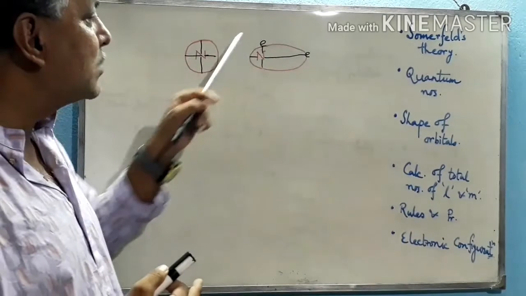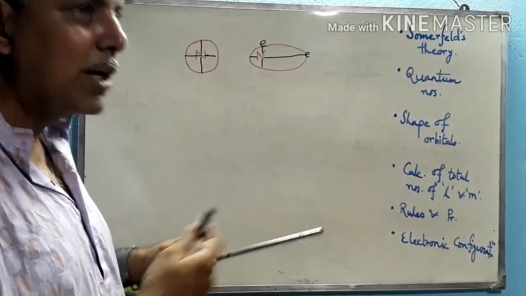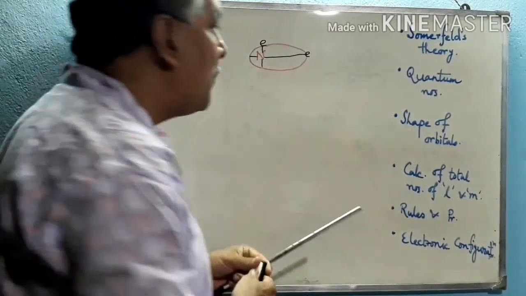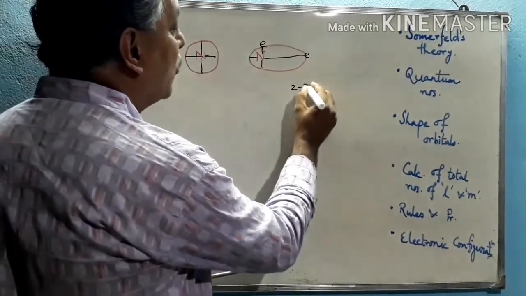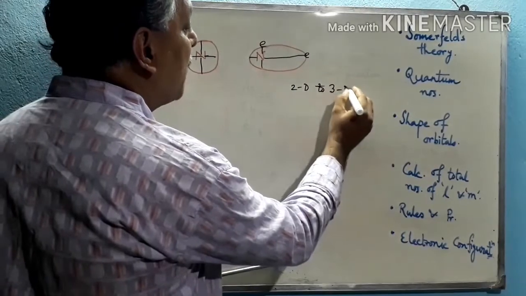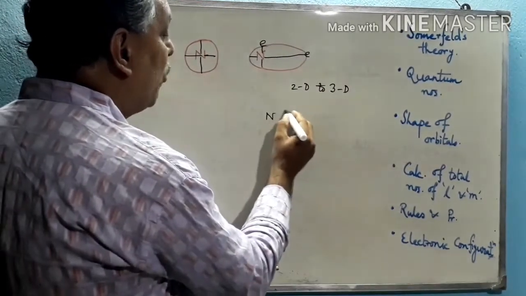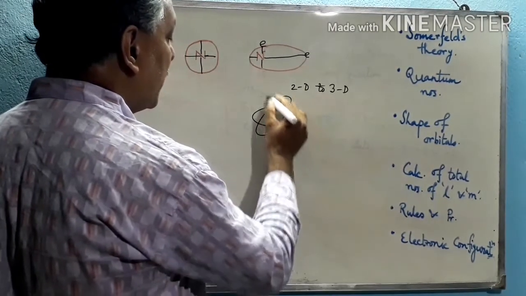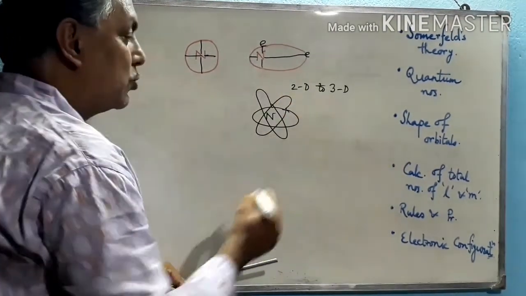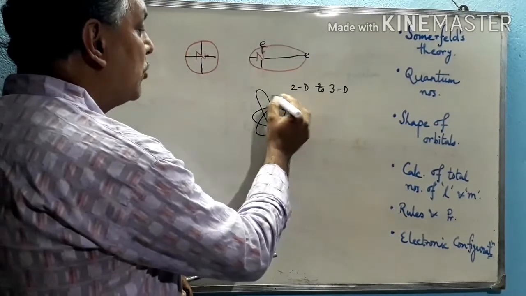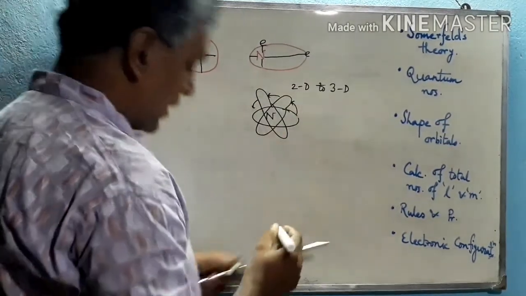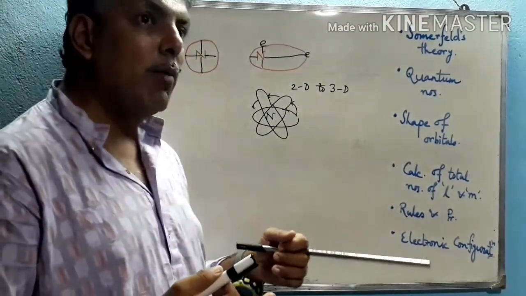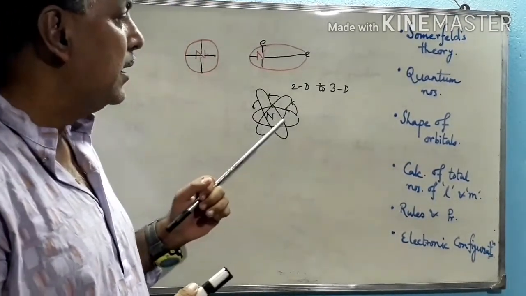During its movement around the nucleus, as its velocity fluctuates, it has to change its pathway from a two-dimensional pathway to a three-dimensional pathway. That means its new pathway will be like this. Like this, two-dimensional converts to a three-dimensional pathway. Again the question arises, what is happening in this case?